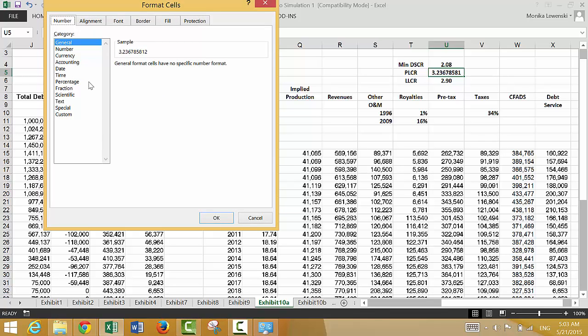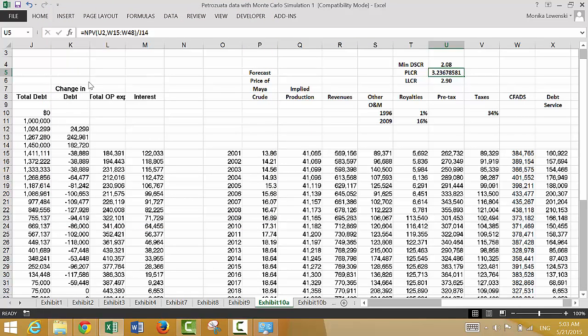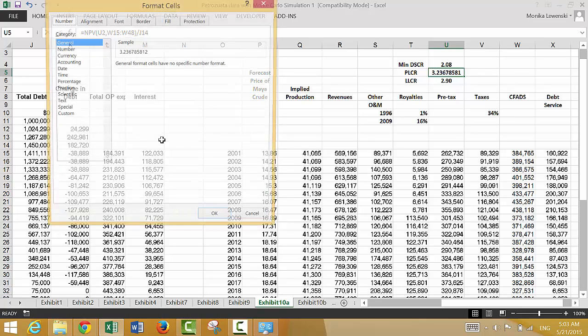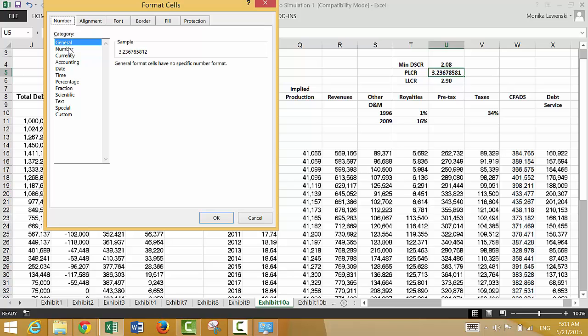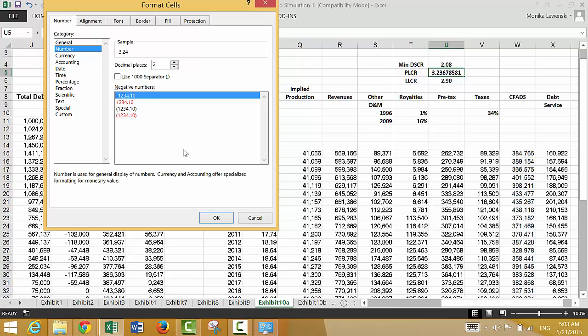That's controlling. Is my Shift key not working or something? I'm going to have to stop this video.